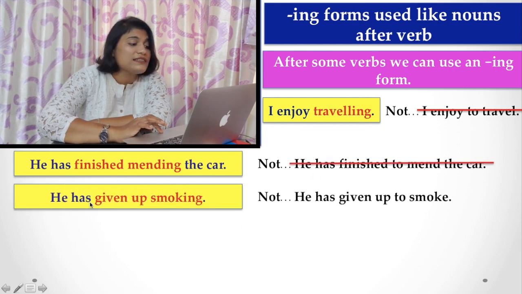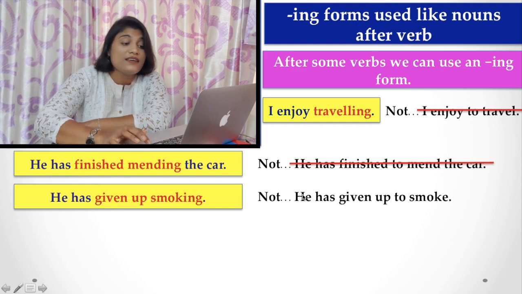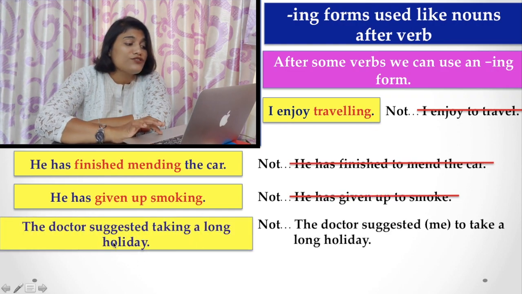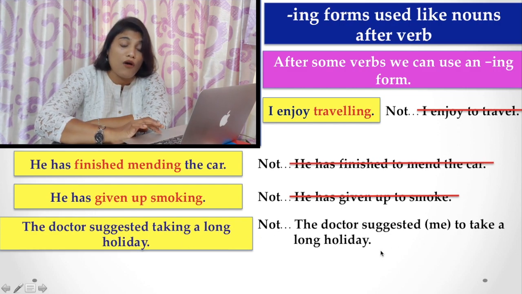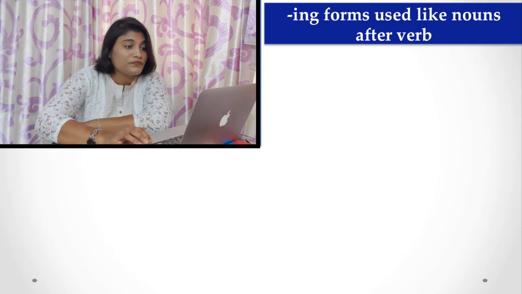And he has given up smoking, but you never say he has given up to smoke. Or the doctor suggested taking a long holiday. Here, the doctor suggested me to take a long holiday is a faulty construction.